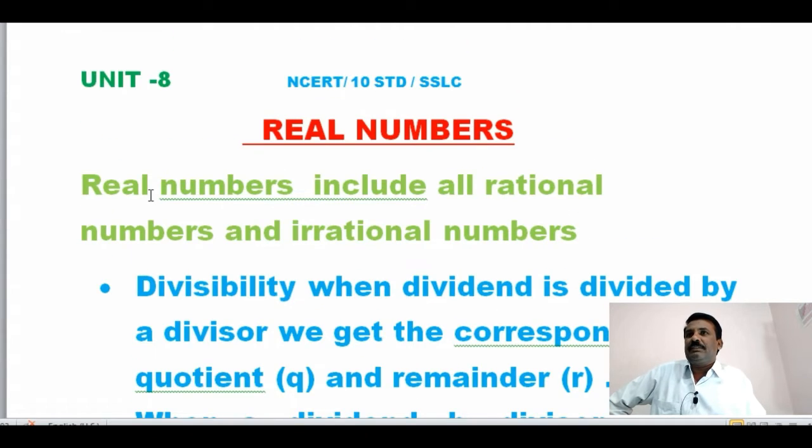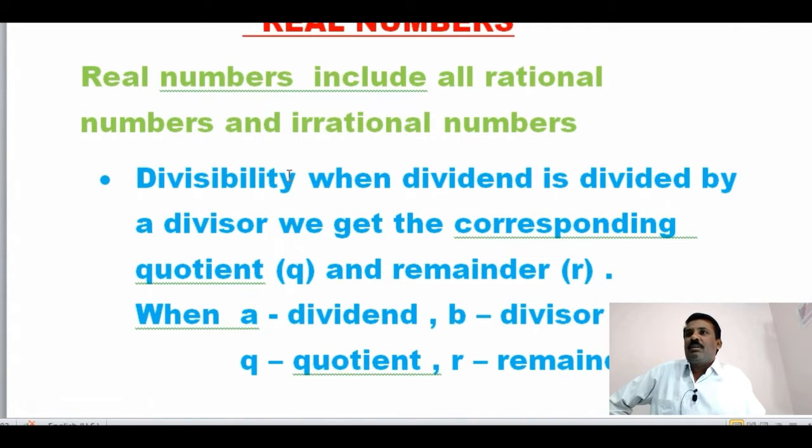Next we go to divisibility of real numbers. The divisibility rule is that when a dividend is divided by a divisor, we get the corresponding quotient and remainder.